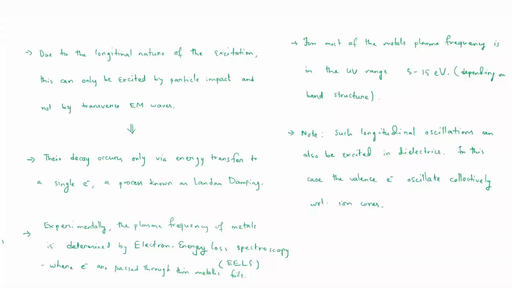The in-plane oscillation is one particular type of longitudinal oscillation. But there can be other oscillations which can be longitudinal but k is not equal to 0.